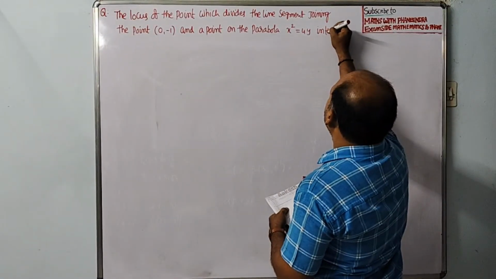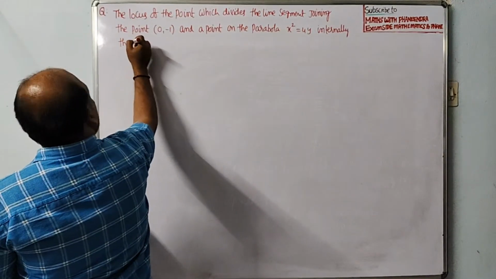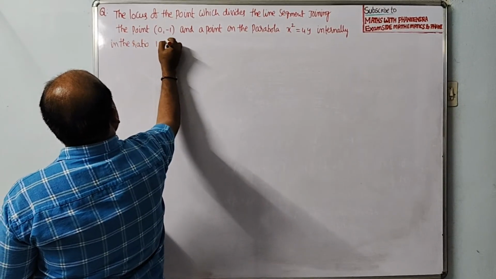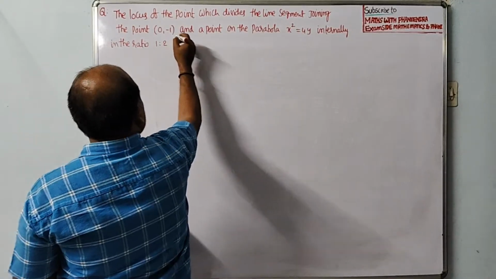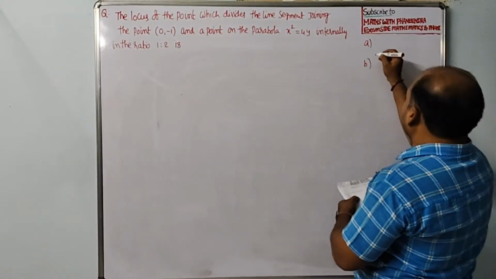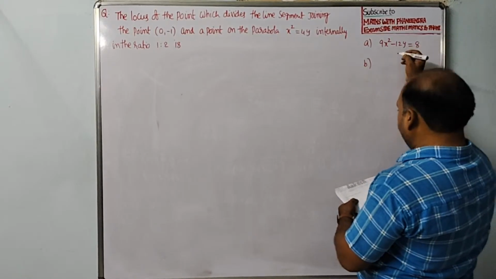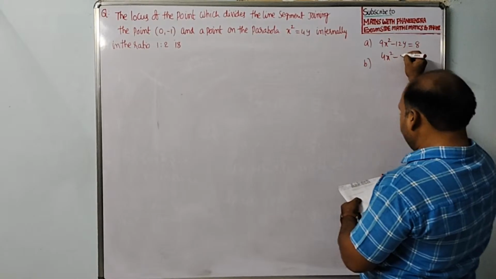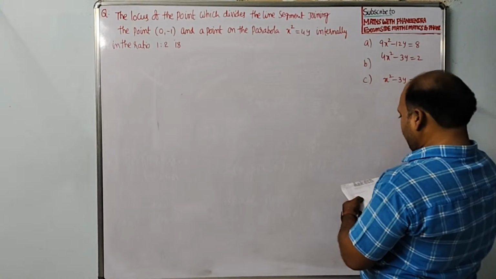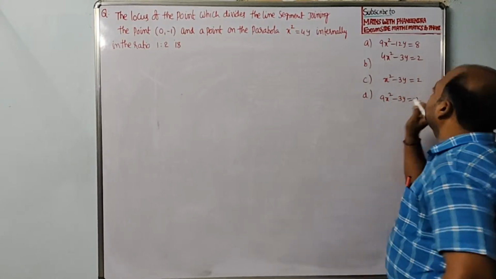internally in the ratio 1 is to 2. These are the options: 9x square minus 12y is equal to 8; 4x square minus 3y equal to 2; x square minus 3y equal to 2; 9x square minus 3y equal to 2.